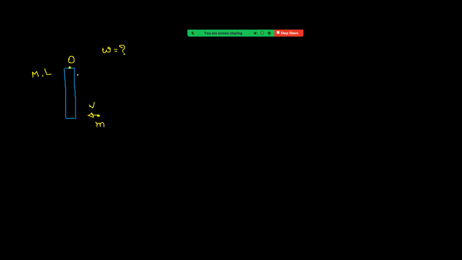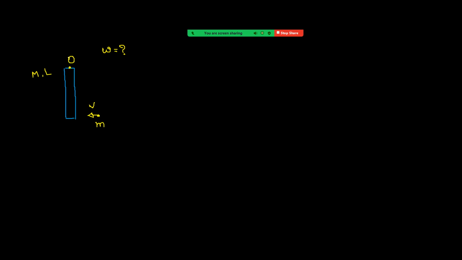Here we can see, since one end is fixed, rotation will be about the same axis. That means we have to conserve angular momentum about the same axis. Suppose it is in a horizontal plane.